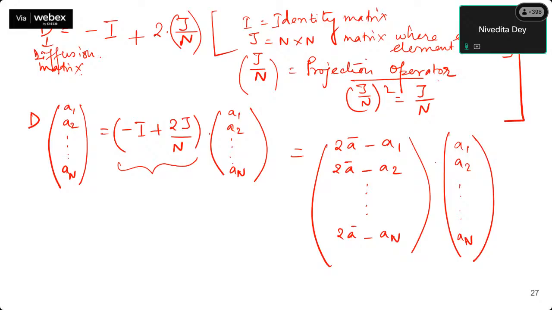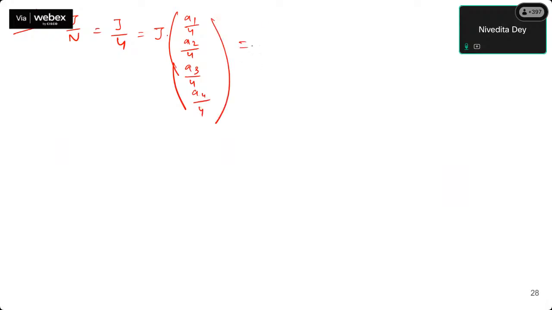And how it will make the change is, say let me take one example, say n equals to 4, small one. So J by n is J by 4. Okay, that is J times, I can just make it over here 1 by 4, a2 by 4, a3 by 4, and a4 by 4. What is J? An n cross n matrix where all elements are 1.